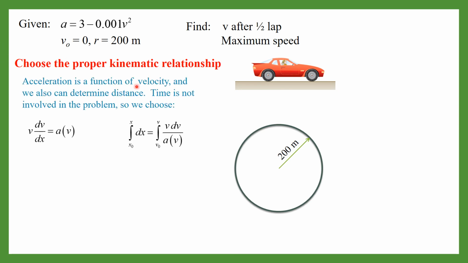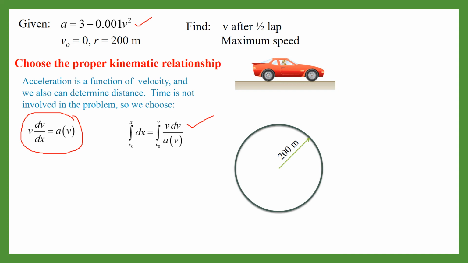So acceleration is a function of velocity, which is already given to us in this equation. And we can also determine distance from velocity, and time is not involved in the problem. So we can choose this relation, and we need to simply integrate this.